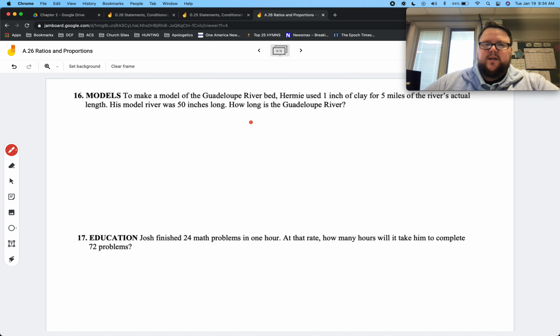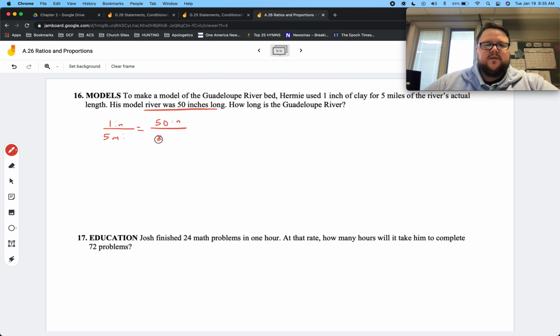So what you're going to do is set it up. 1 inch represented 5 miles, and set it equal to, well, his model was 50 inches, so 50 inches divided by how long?